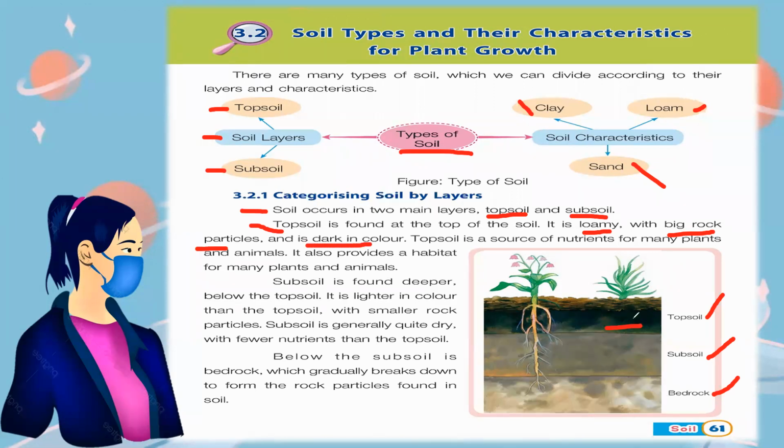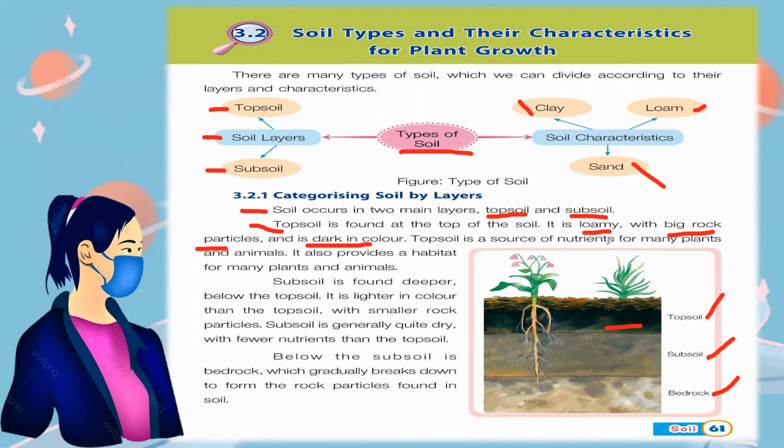You can see here in the picture also, that's actually dark in color as well. Topsoil is a source of nutrients for many plants and animals. It also provides a habitat for many plants and animals. So the topsoil is very rich in nutrients.